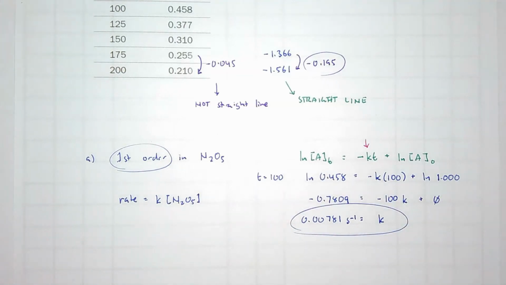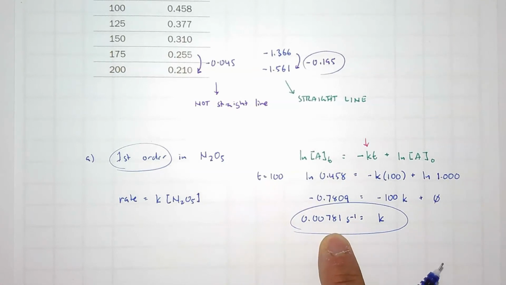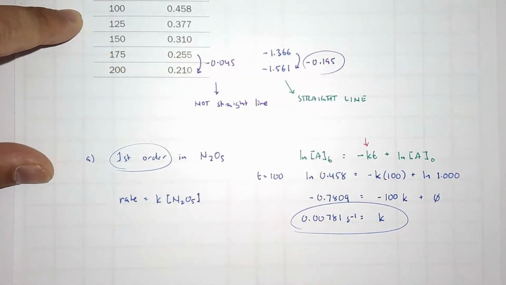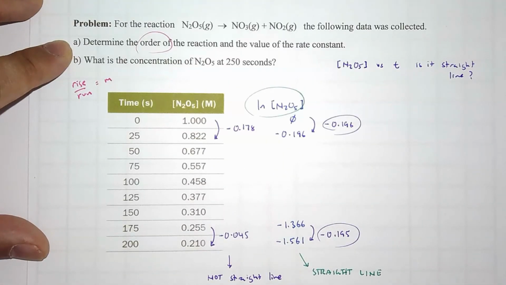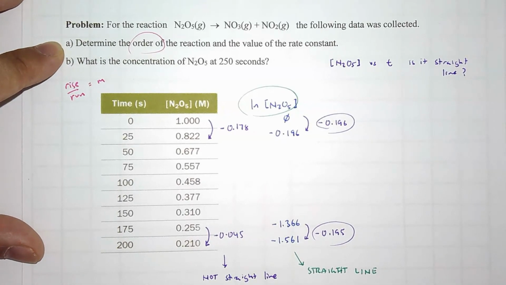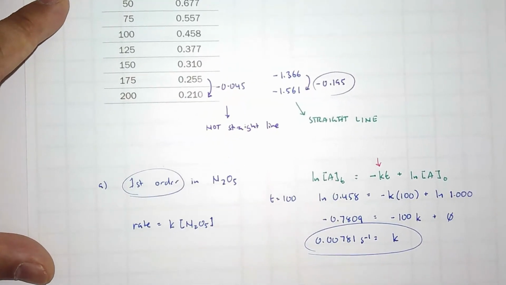Okay, let me just make sure that that makes sense. Okay, I'm good with that number. That is part A. We figured out the order of the reaction, and we also got a value for the rate constant with the proper units.